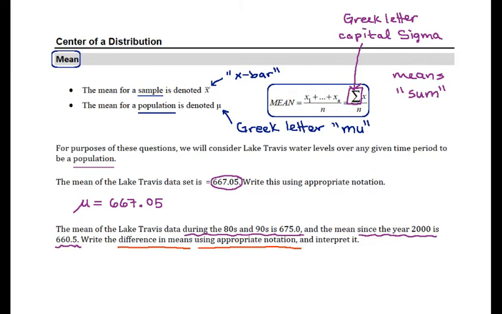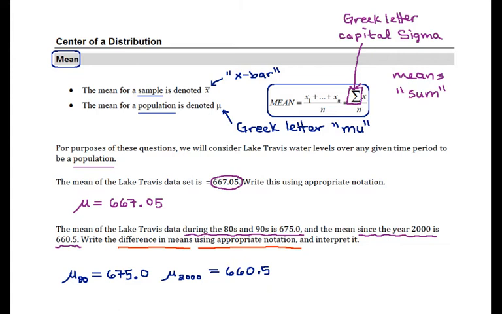So I might say mu sub 80 for our 80s and 90s. And we'll say that one is 675.0. Mu sub 2000 is 660.5.